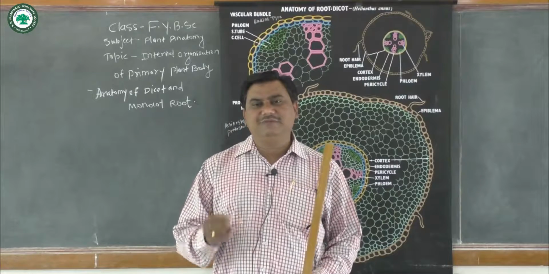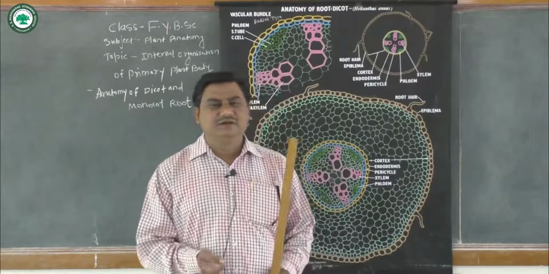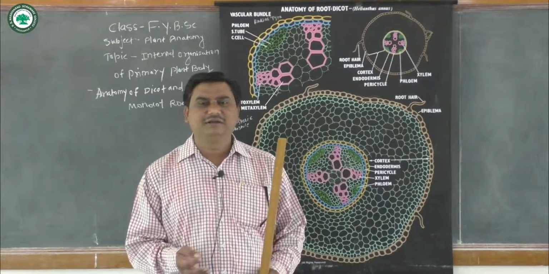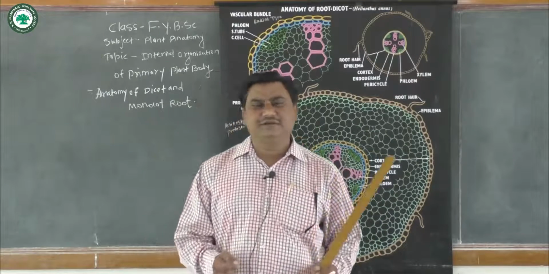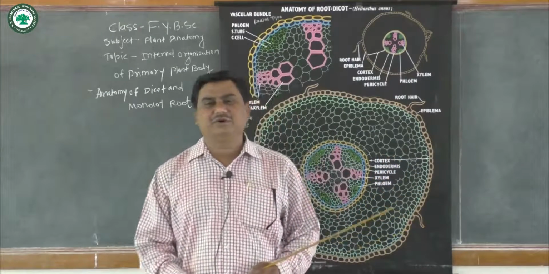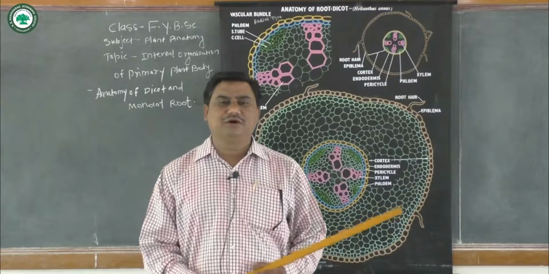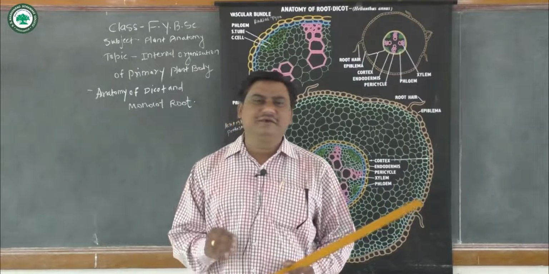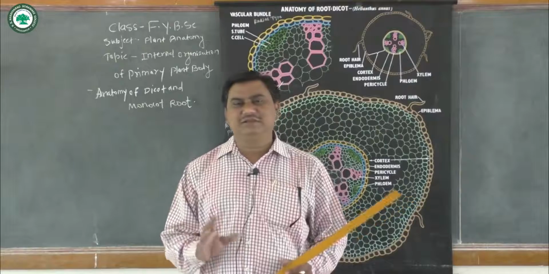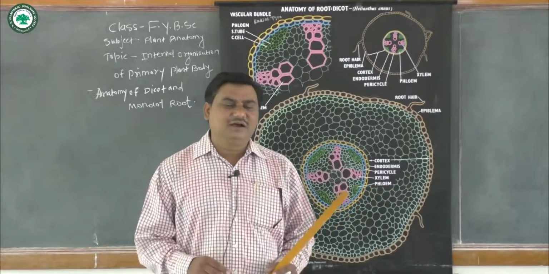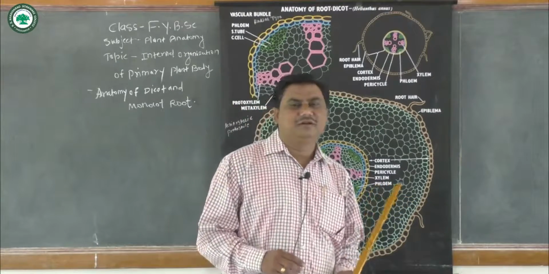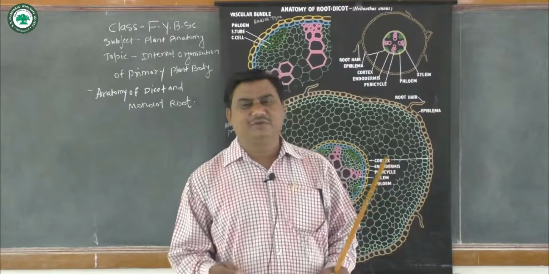In the leaf venation, the dicot has reticulate venation, and the monocot has parallel venation.